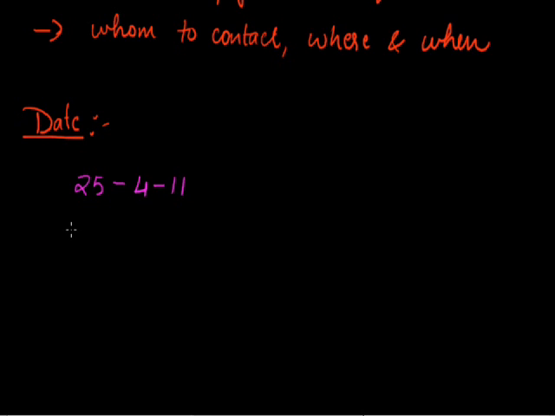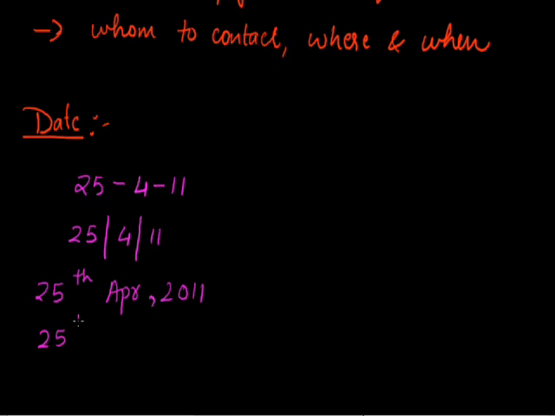That is one way of writing. Another way could be 25/4/11. There are other ways as well, like 25th April 2011. But because there are so many formats, CBSE has fixed their focus to certain date formats that are correct.